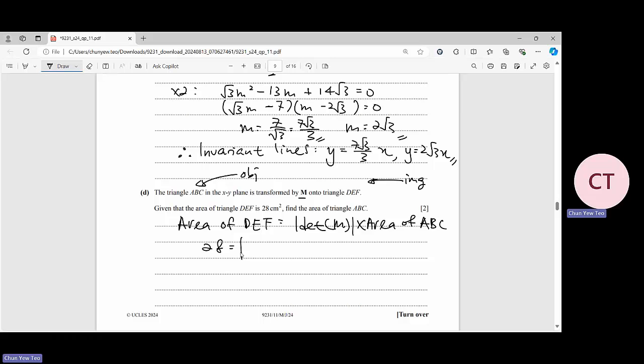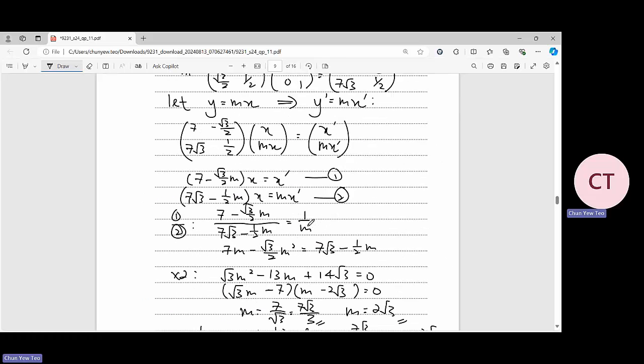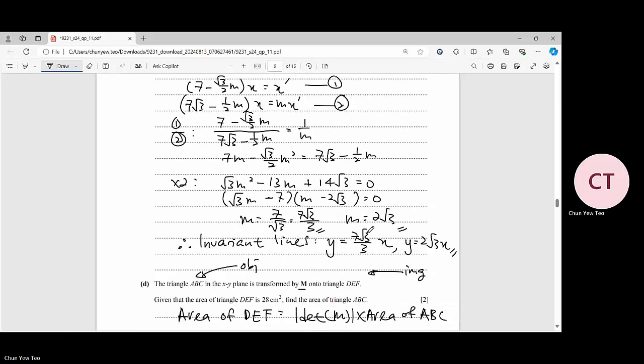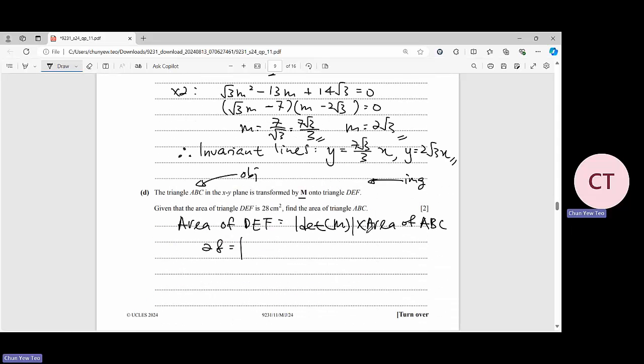What is the determinant of M? Determinant of M is from here. You find the determinant, it will be 7 over 2 plus 21 over 2. Okay, 7 over 2 plus 21 over 2. So this one is the modulus of 7 over 2 plus 21 over 2, multiplied by the area of ABC.